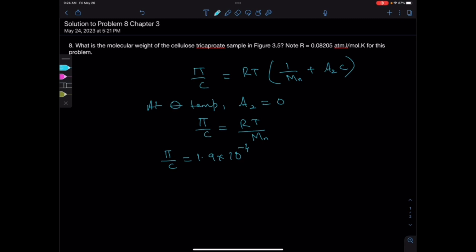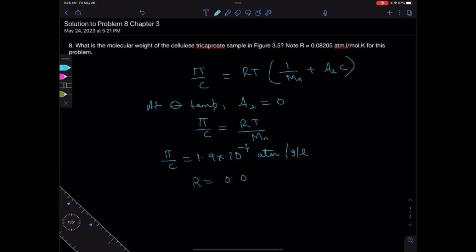So we get 1.9 times 10 to the minus 4 atmospheres per gram per liter. R is 0.08205 liter atmospheres per mole Kelvin, and T is 273 plus 41, which is 314 Kelvin.